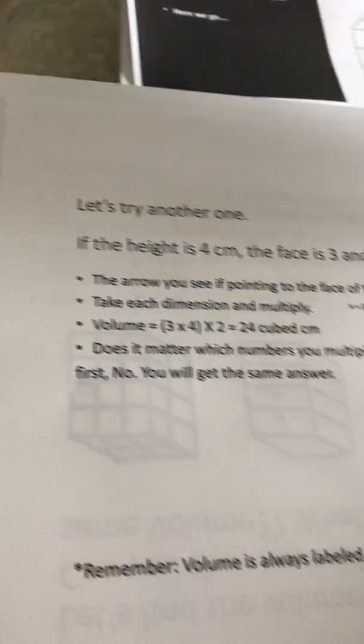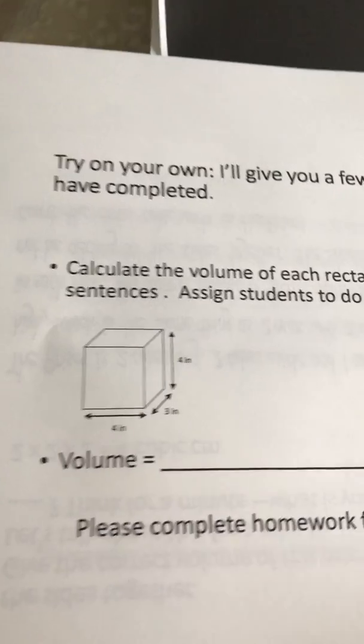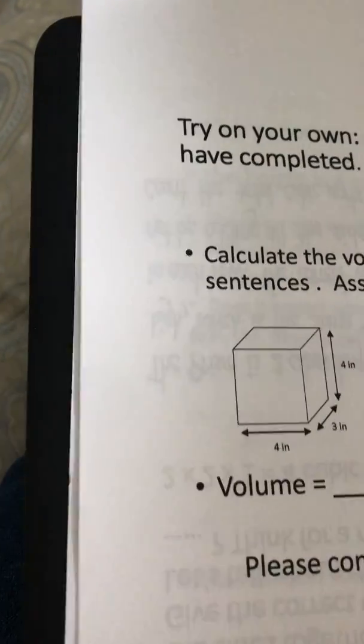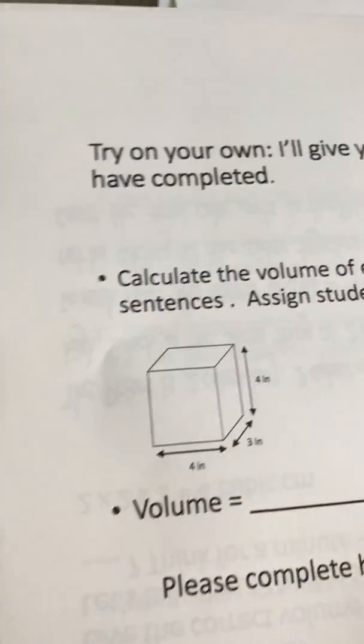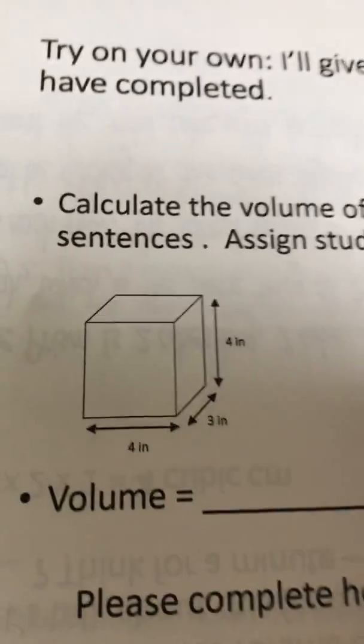Let me see what I want you to do next. Let's look at this that I have. Calculate the volume of these, and we're going to do some examples together, okay? So, let's look at this figure here.